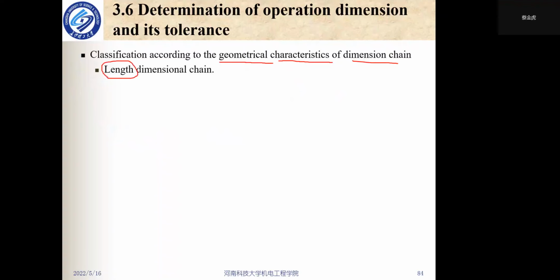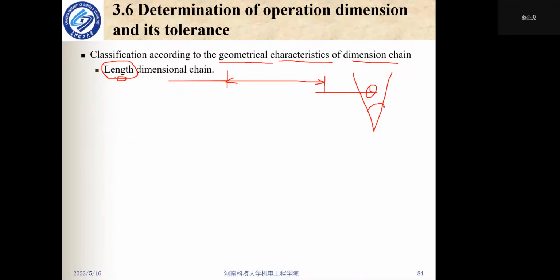The keyword is length, which means each dimension in a dimension chain is a measure of length. In this form, only length, not angle. This one is not the length dimension chain.